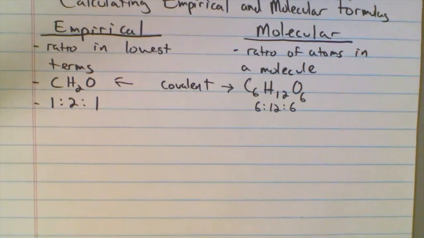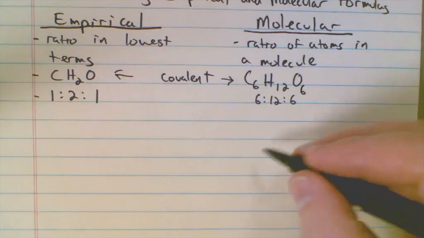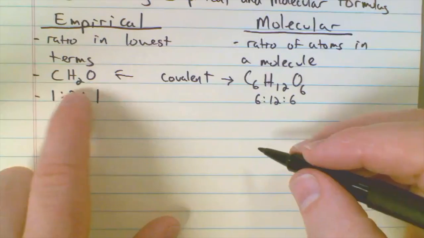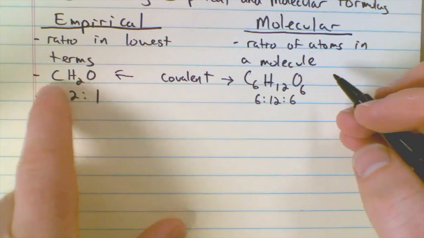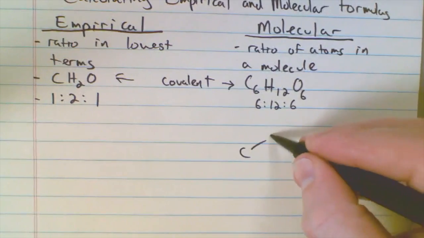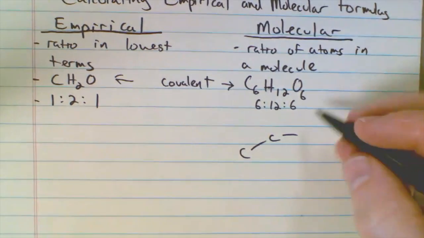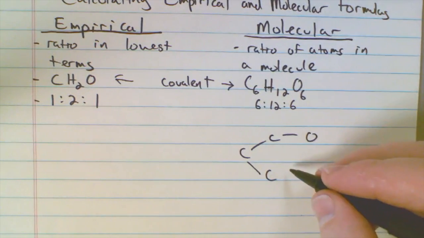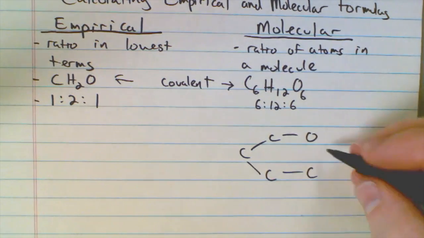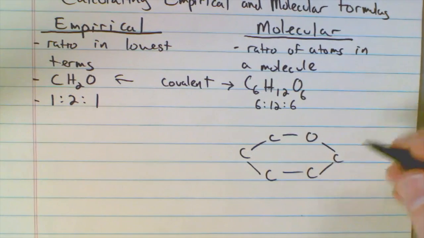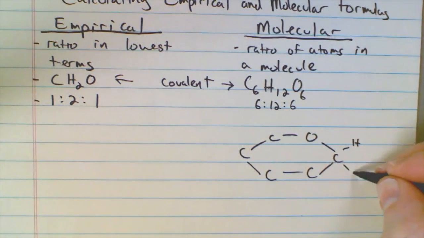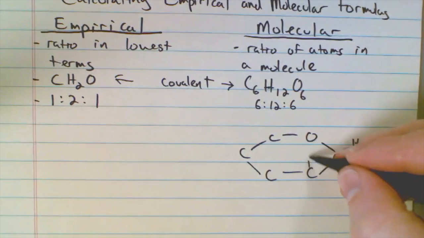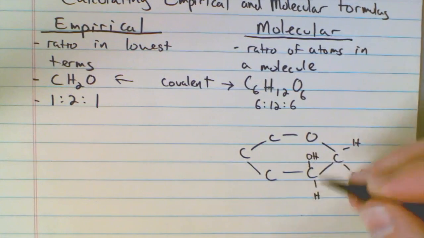So I'm not going to expect you to draw this next thing, but I just want to show you, we don't really get a sense of what glucose looks like from this one, but from this one, we can draw glucose. Again, you don't have to draw this. I'm just doing it to show what kind of information you can get from that formula.